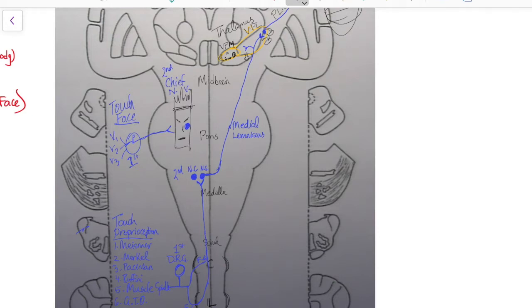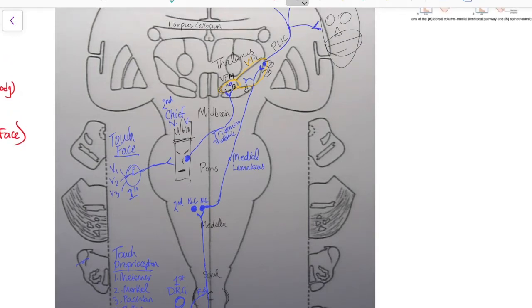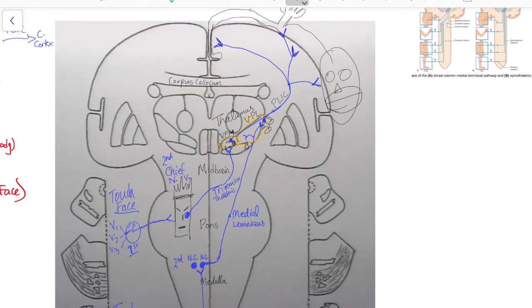It will synapse, and like everything, second always crosses over, and it will go to the face as trigeminal thalamic, going from the trigeminal to the thalamus, unlike the medial lemniscus, which was for the body to the thalamus. So the trigeminal thalamic will go to the face and synapse. From there, the third cell bodies from the VPM, just like our body, will travel in the PLIC, and now we will just go into the face, wherever we need to go, V1, V2, V3. So that part is for the face.